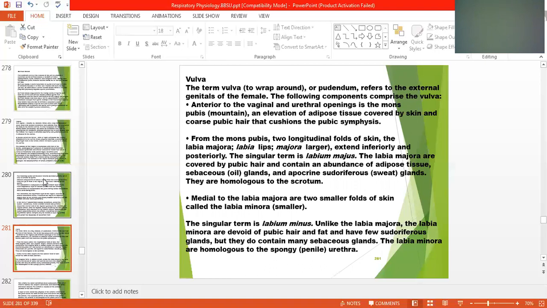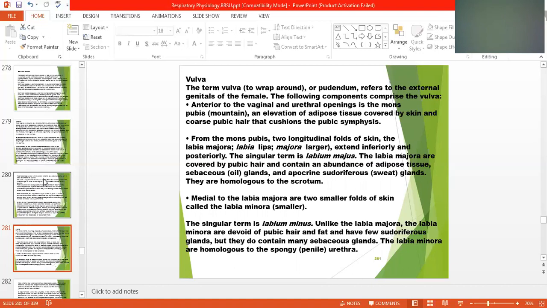the pubic symphysis. From the mons pubis, two longitudinal folds of skin, the labia majora, extend inferiorly and posteriorly.